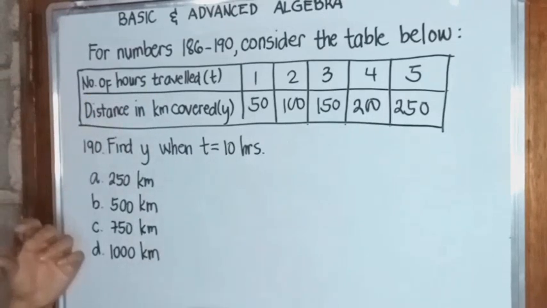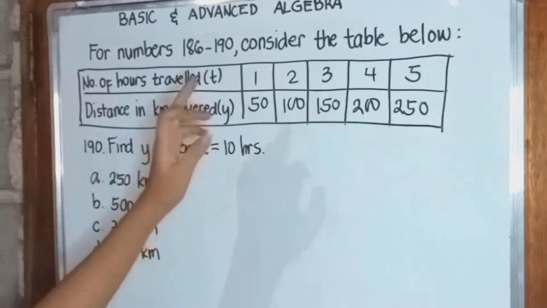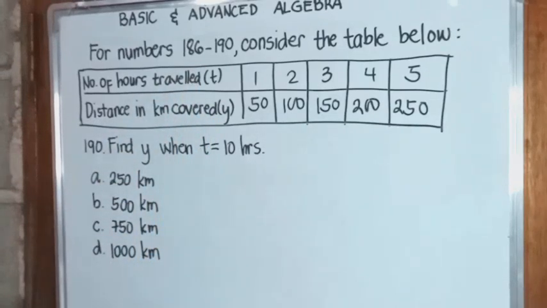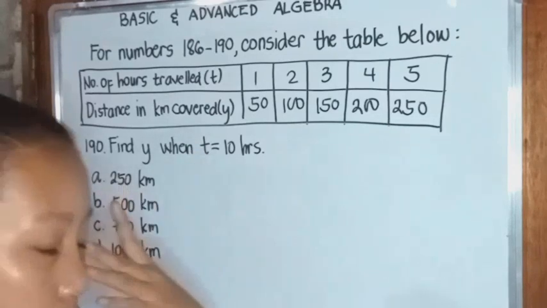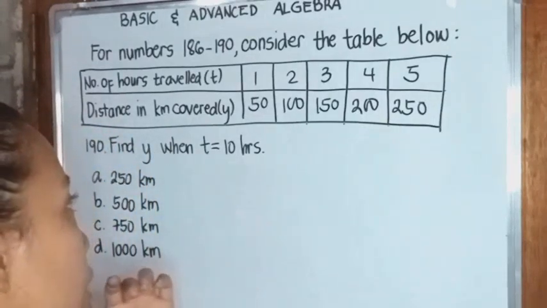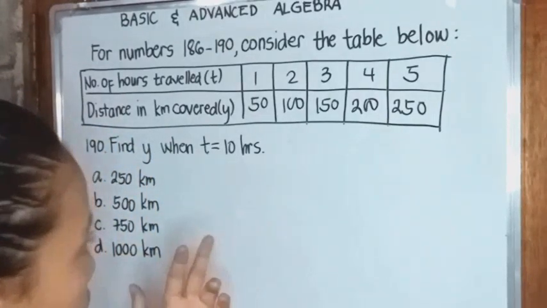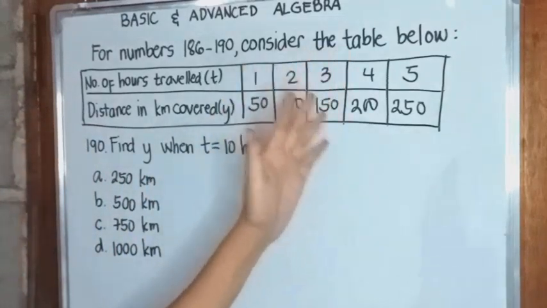Going back to the table, we can observe that when the time traveled is 1 hour, the distance covered is 50 kilometers. When it is 2 hours, the distance is 100. At 3 hours, it became 150, at 4 hours 200, and at 5 hours 250.